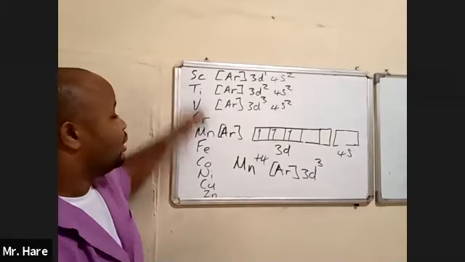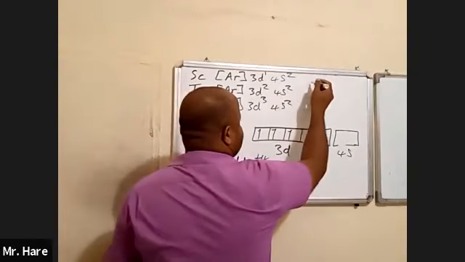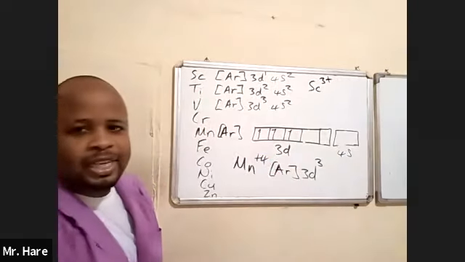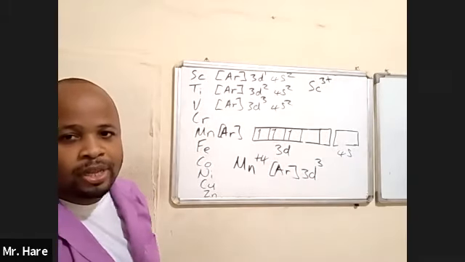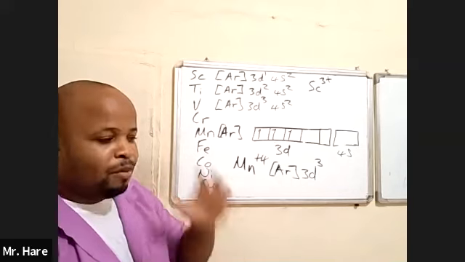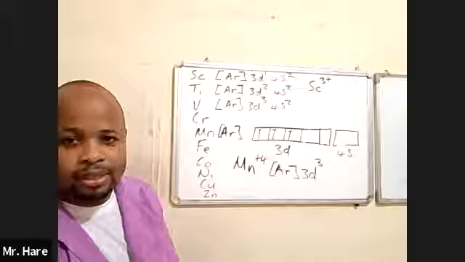I'm going to do chromium and copper after this. So scandium, when it forms an ion, is in the 3+ state. So Sc3+. Does it have any electrons in the d orbital? No, sir. Remember, transition metals, when they form ions, must still have partially filled d orbitals.